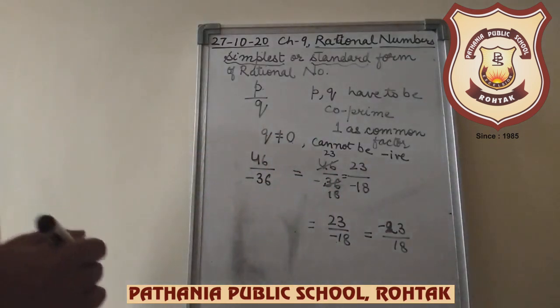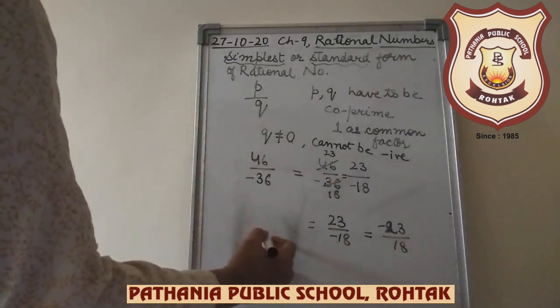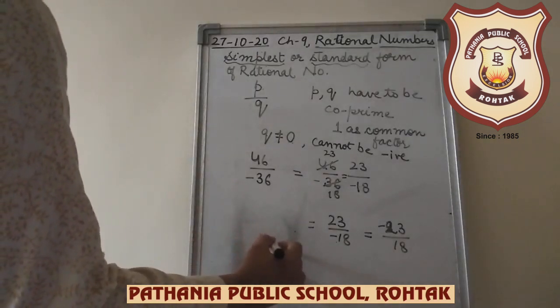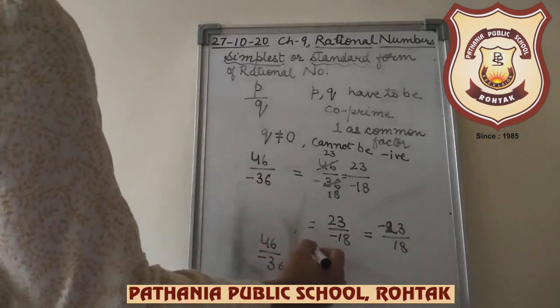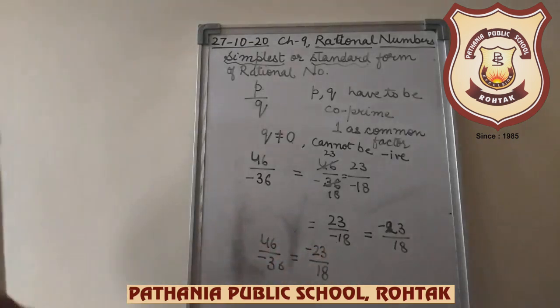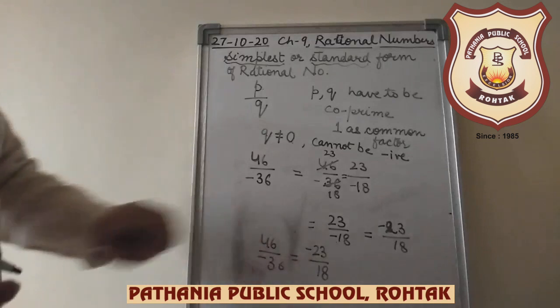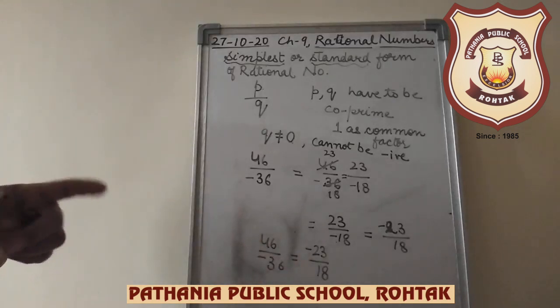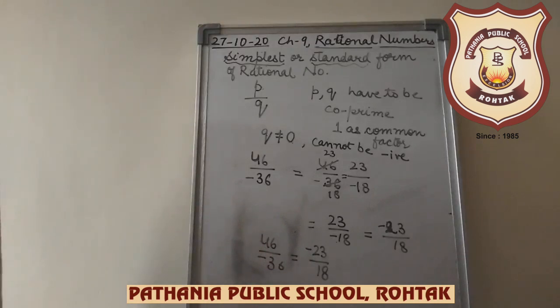So the standard form of 46 upon minus 36 is minus 23 upon 18. Okay. So this is the standard form of 46 upon minus 36.